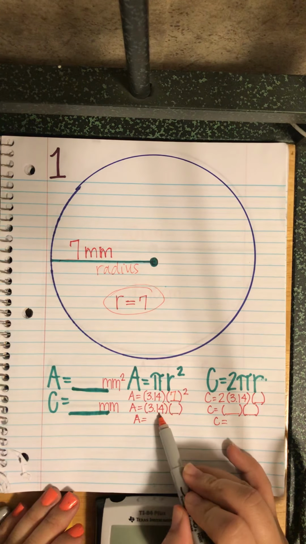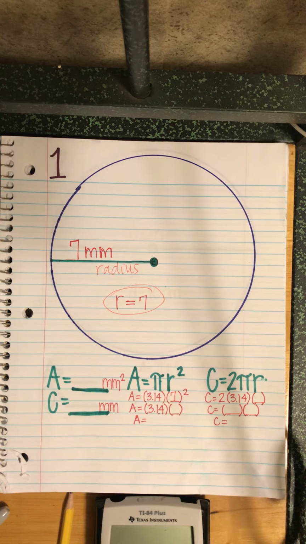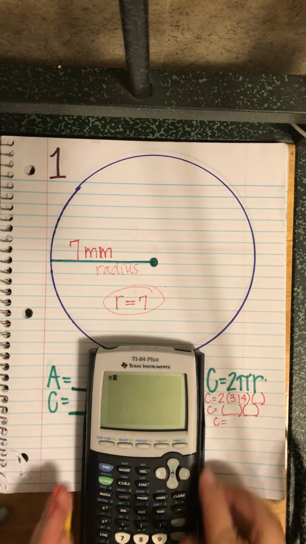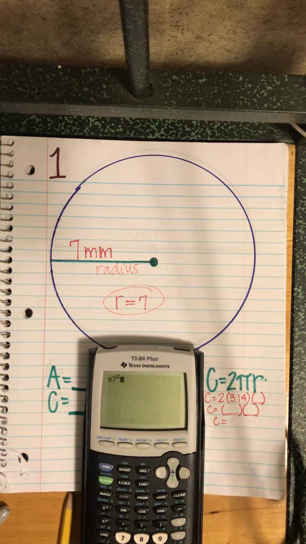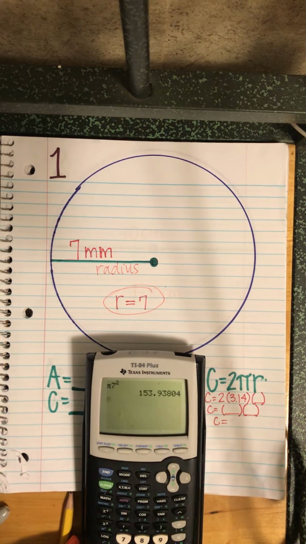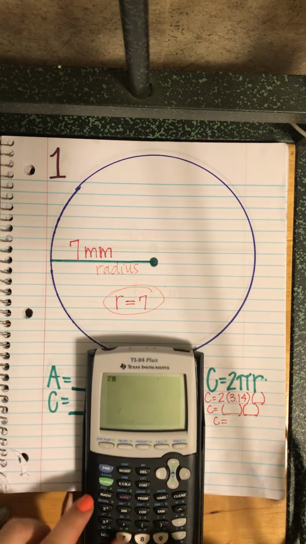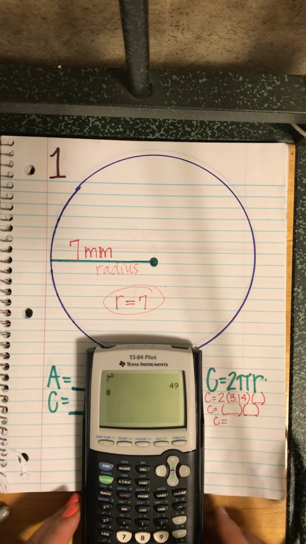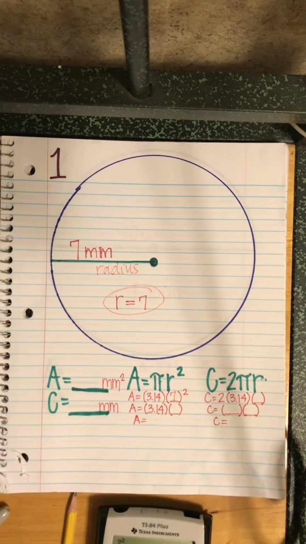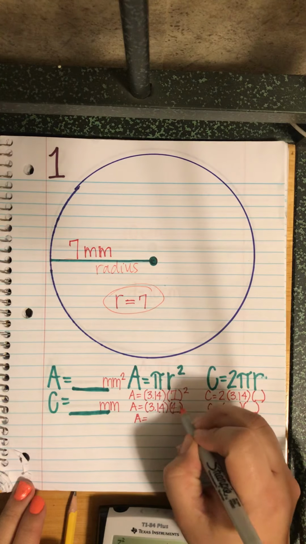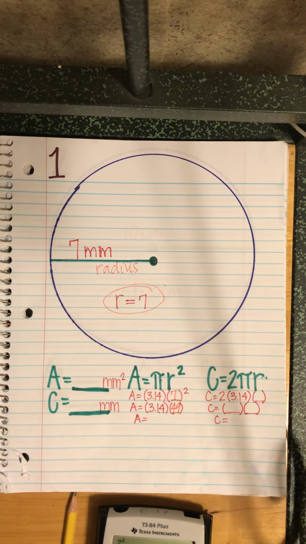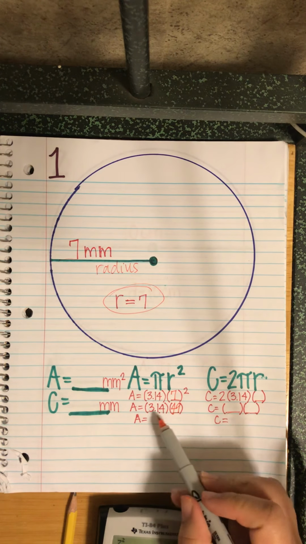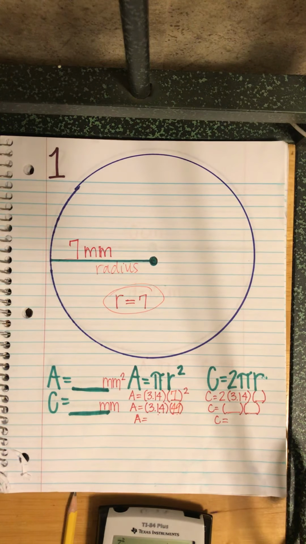Okay, so let's keep going. Area equals pi, and what we need to know is what 7 squared is. That's when you get your calculator out. 7 squared equals 49. So we'll put 49 there. Now we basically have to do just pi times 49.